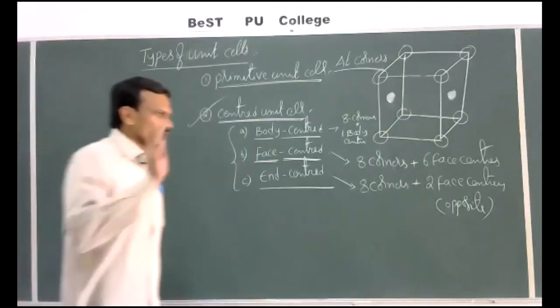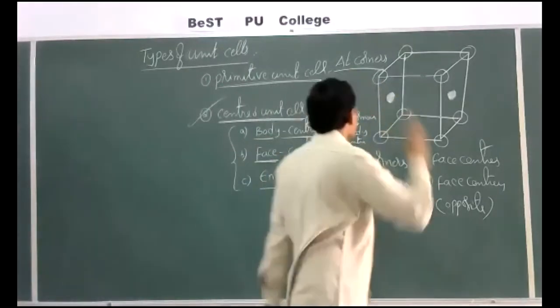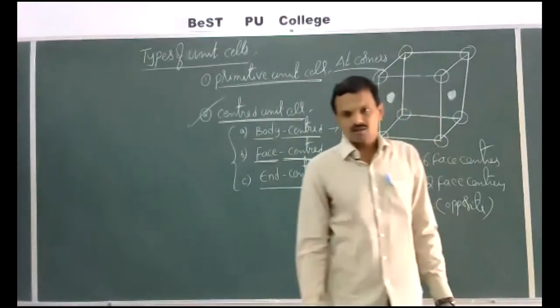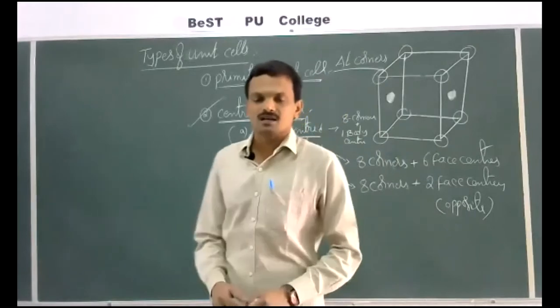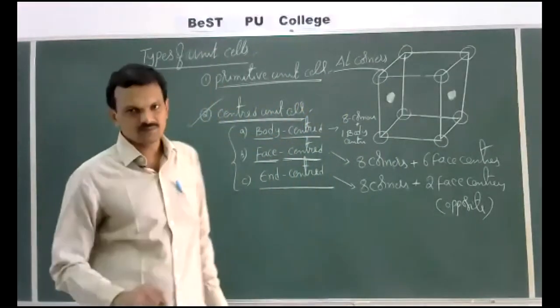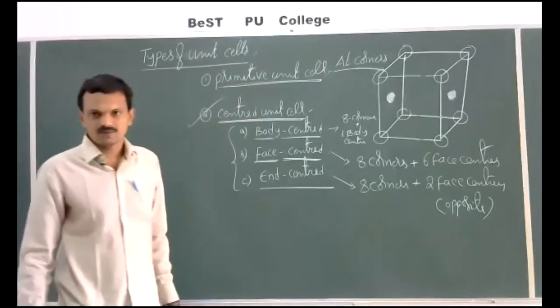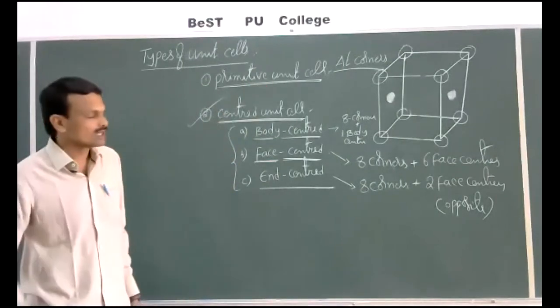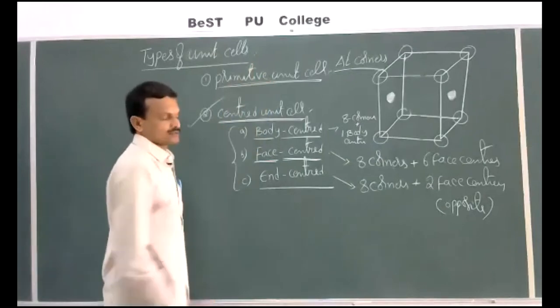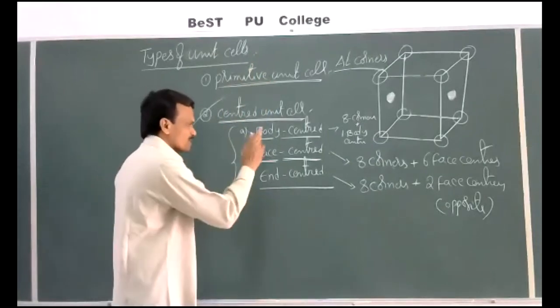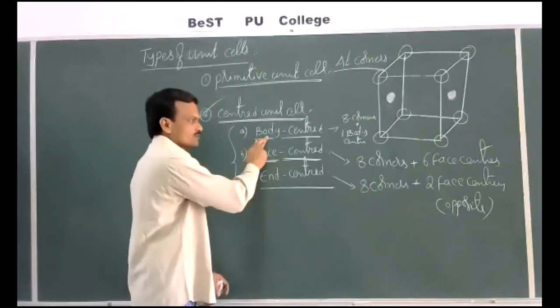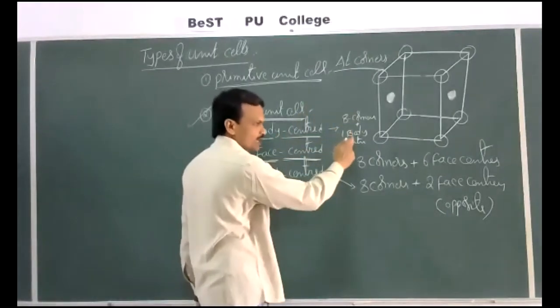Like that, unit cells are classified as primitive and centered. The primitive unit cell consists of particles only at the corners. In case of a cube, the particles are present at 8 corners. In centered unit cells, in addition to corner particles, they may be present at the body center, meaning 8 corners plus 1 body center.